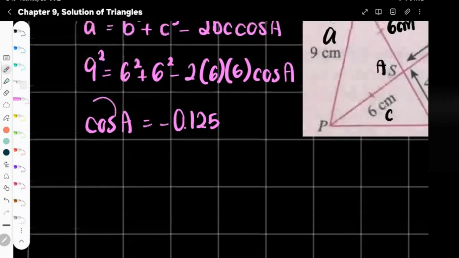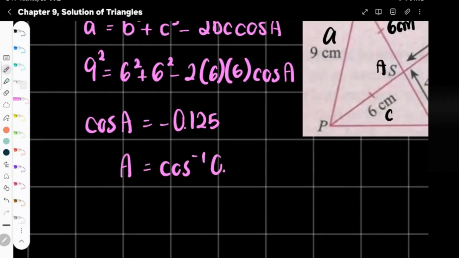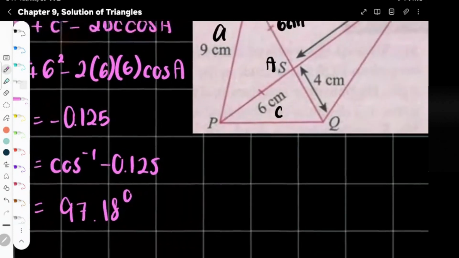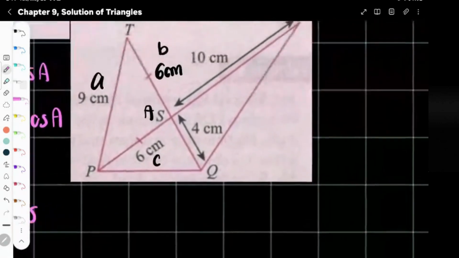But we want to get rid of the cos and we want only the A, so we use cos inverse. Cos inverse of negative 0.125 gives 97.18 degrees. Tada. That's how you do it. Very simple.